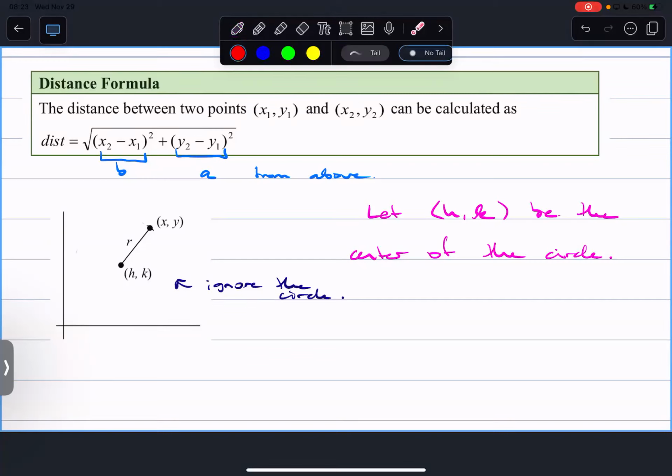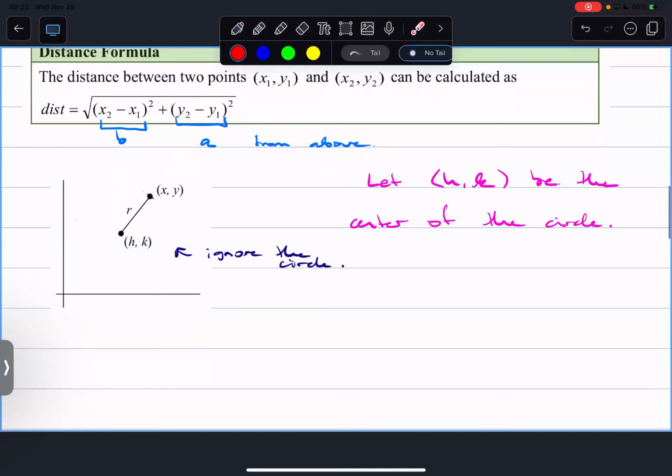Then if we want to map some point (x, y), and I want to force the radius to be some value, I can rework this and force the distance to be r.